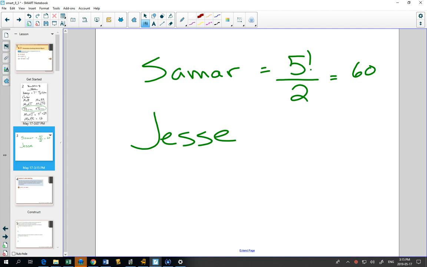Jesse would normally be 5 factorial, but because of the double S's, that would cut it in half. What do you think the double E's would do? Cut it in half again. And so Jesse would only have 30 ways that he could rearrange the letters in his name.